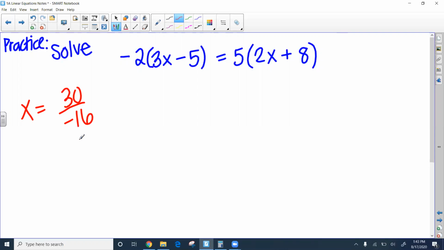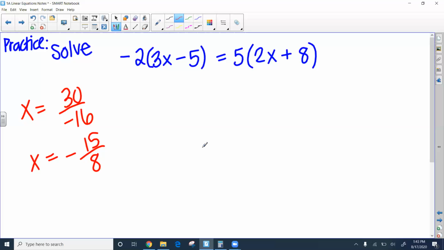That's correct. Some of you reduced it to negative 15 over 8. That's also correct. I don't think anyone put it as a decimal, though if you did, that'd be fine. But I did see a few people have the right numbers, but didn't have the right sign.